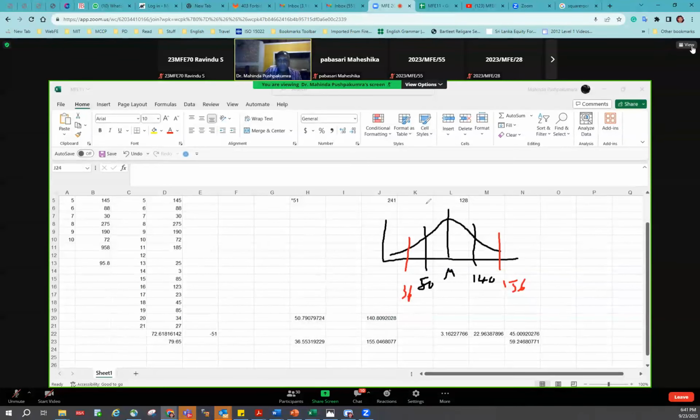Now we constructed the confidence interval using this formula. You can also remember how to write it: plus or minus Z alpha over 2 times the population standard deviation divided by the square root of n.